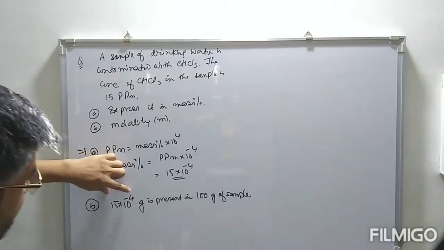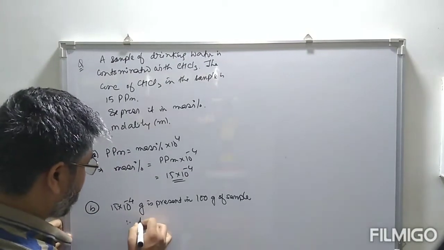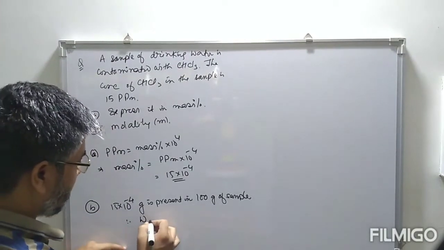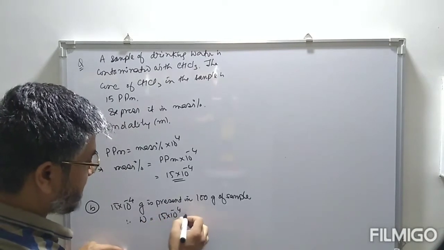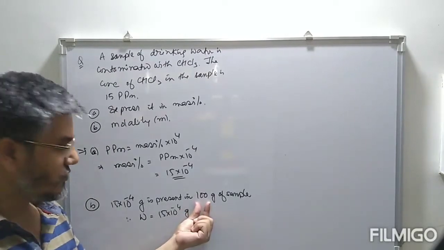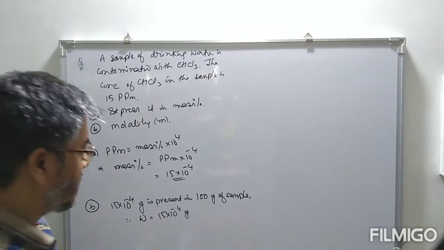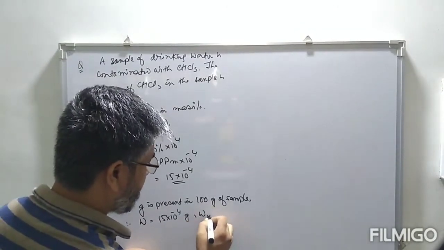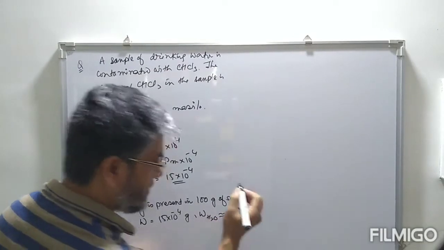So the mass of chloroform is 15 into 10 to the power minus 4 gram. Total mass of solution is 100 grams. So 100 minus this value, that is extremely small. Therefore, the mass of solvent, that is water, is approximately 100 gram.